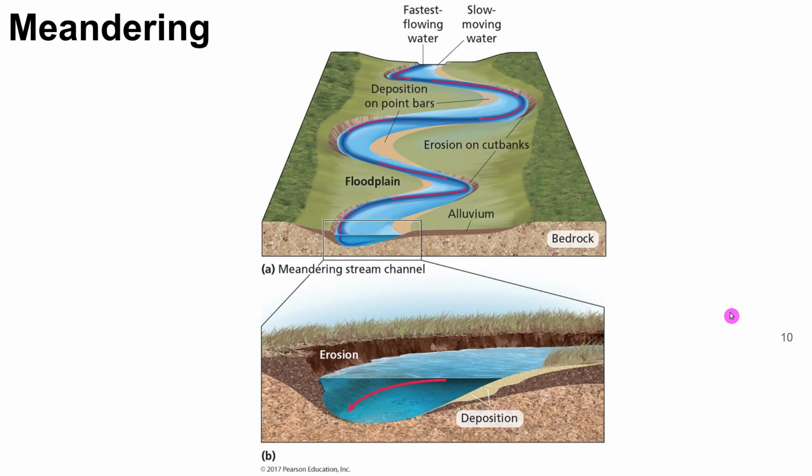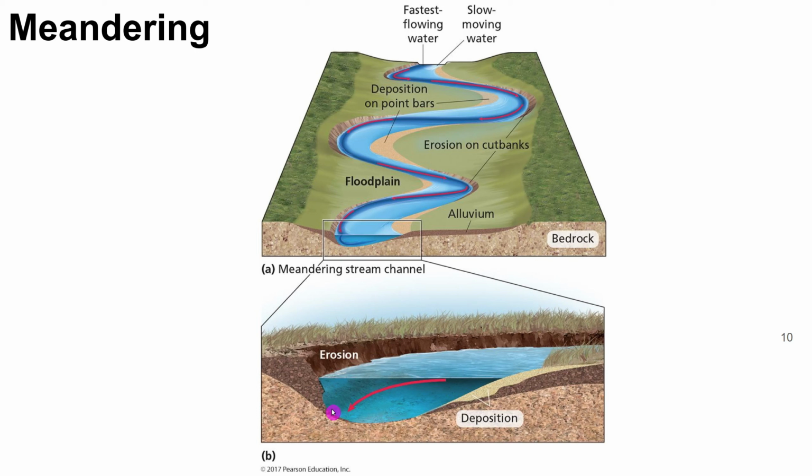Okay, meandering. So the physics of rivers, and I've put a couple videos on the meandering process, but the physics of rivers is such that as a river flows downhill, it almost never flows in a straight line. They curve. And as a result of the curving shape of the river, the fastest water, and the ability of a river to transport or erode, depends on the speed.